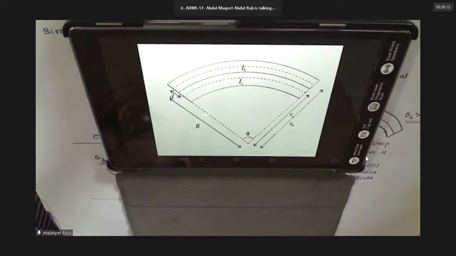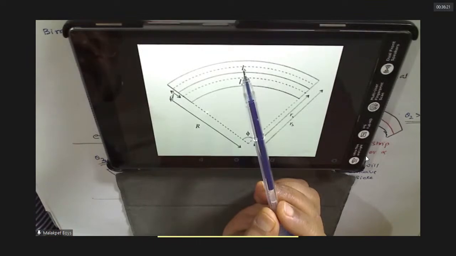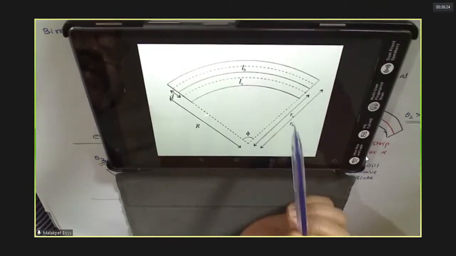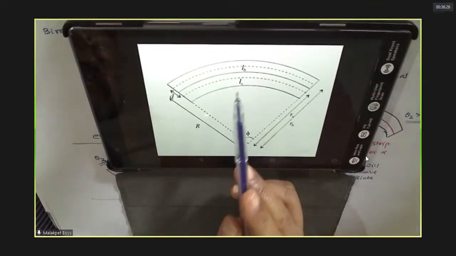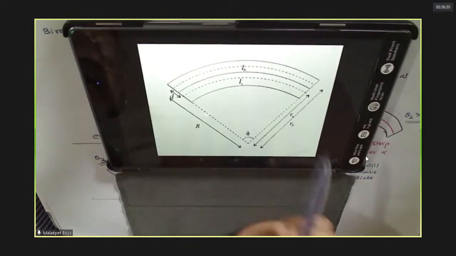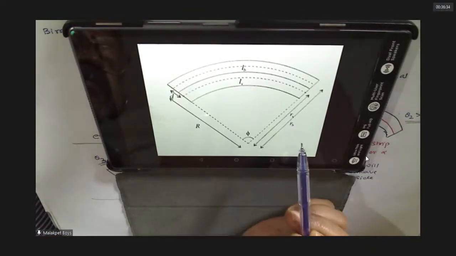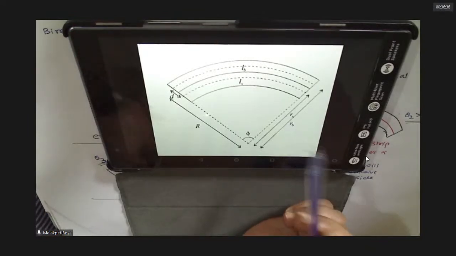Sir, for the first strip, that is LB. No, no, you take this as L2. This is L1. He has taken steel and brass. Write this as L2. This is L1. This is R1, R2. Got it, sir.